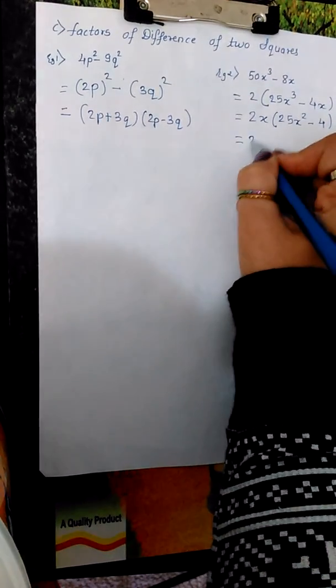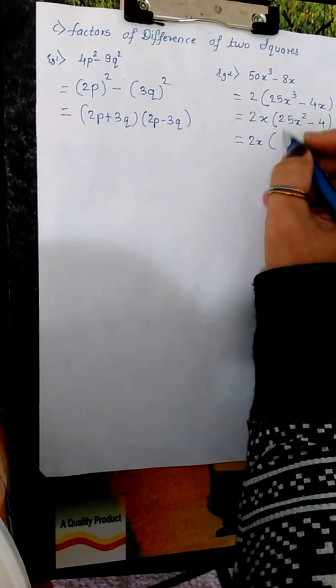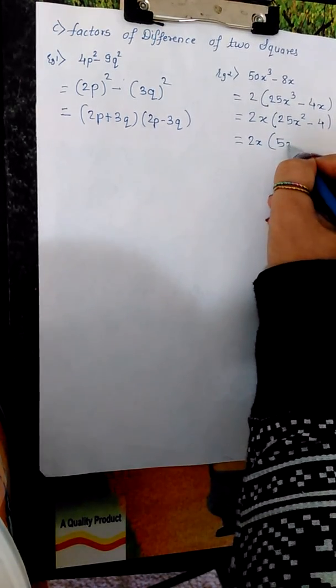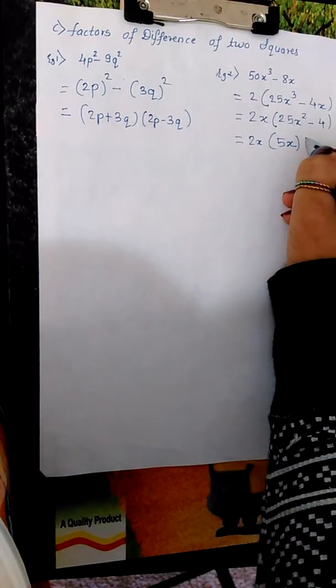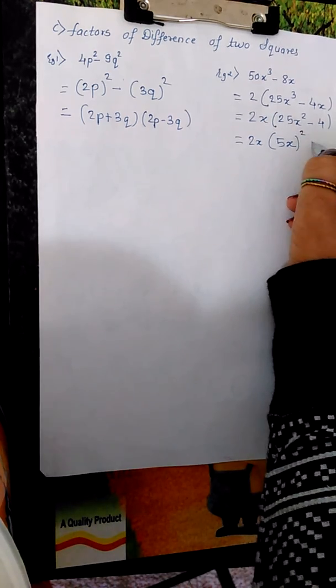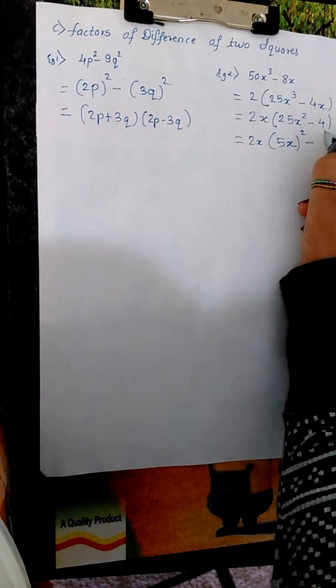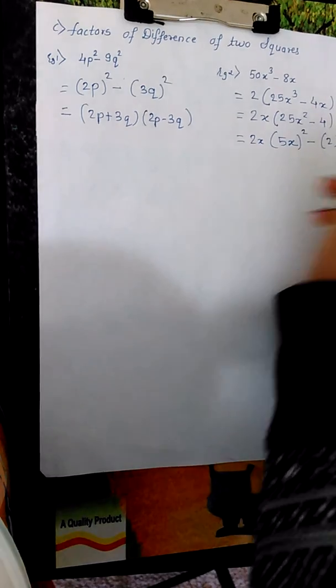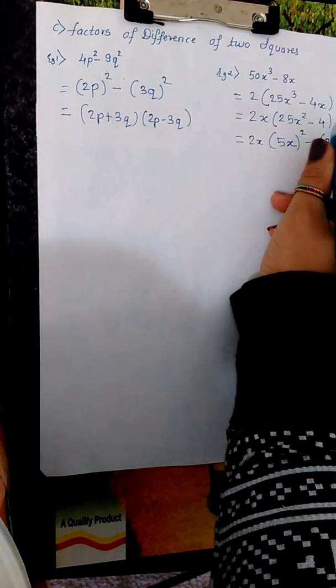Now we already know that the square root of 25x square is 5x, and the square root of 4 is 2. So 5x whole square and 2 whole square.